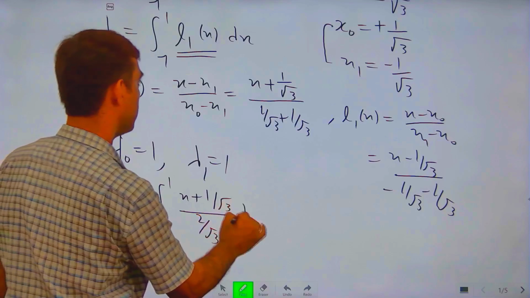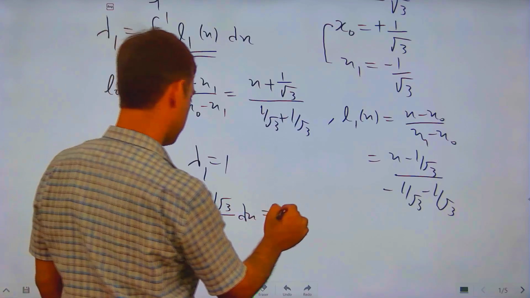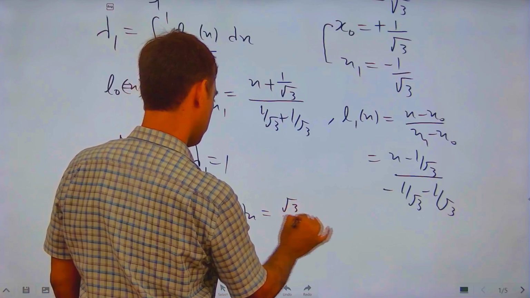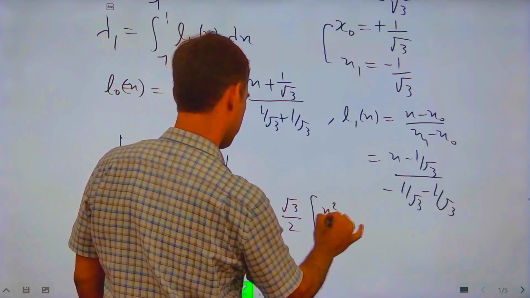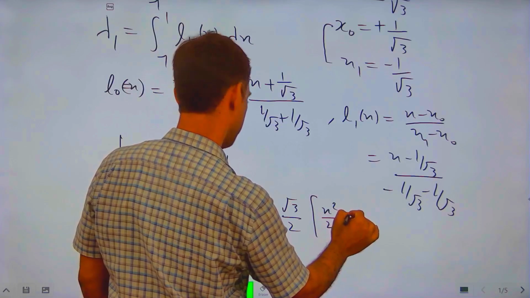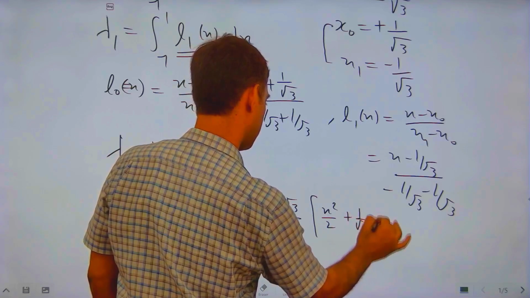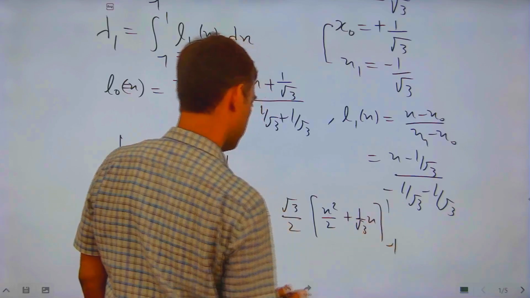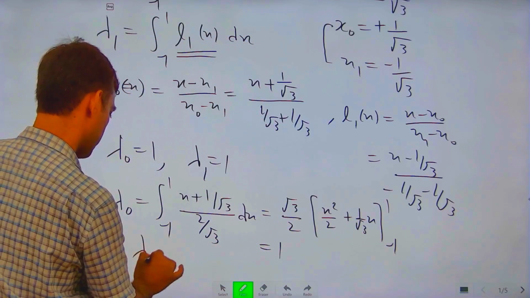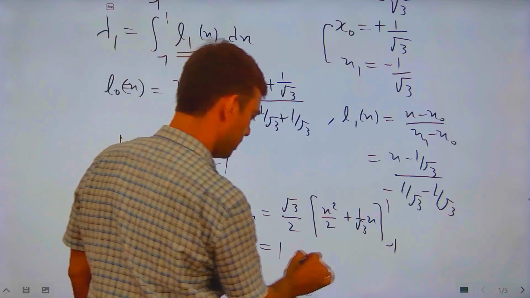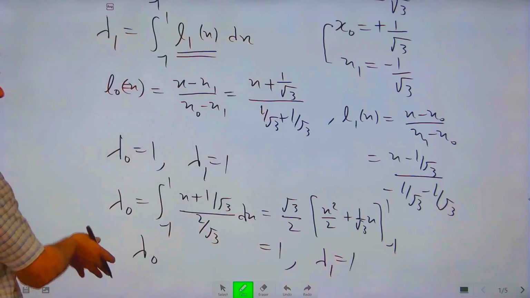If we integrate this, we get root 3 by 2 times x square by 2 plus 1 upon root 3 x, from minus 1 to 1. If we simplify, lambda 0 becomes 1, and similarly lambda 1 becomes 1.